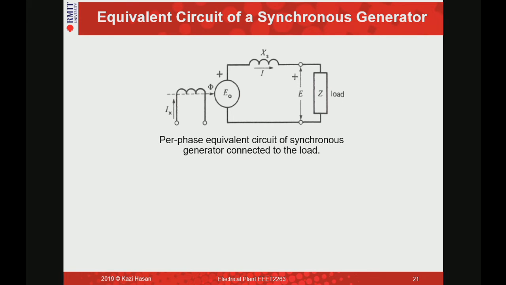Am I right? The voltage drop here is IXS and voltage here is E. So if I add E plus jIXS, that will give me this voltage E0. So that is the relationship between the internal generator voltage and the load voltage.